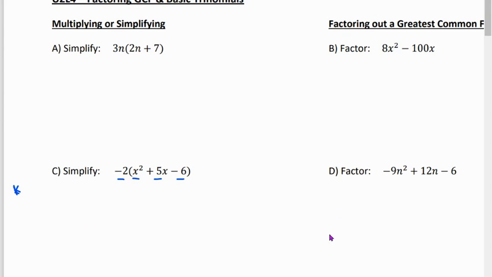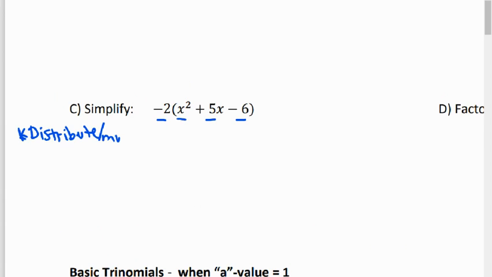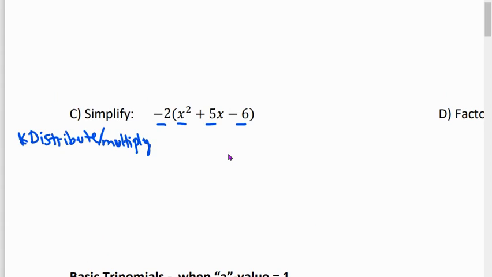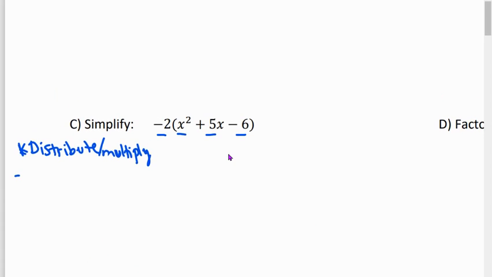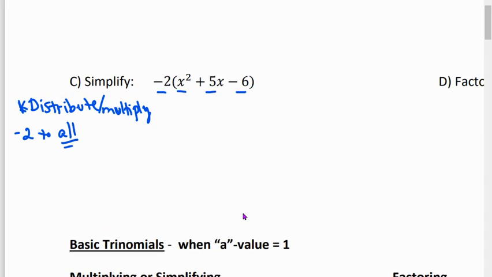So when we are multiplying this together, you must distribute, which is the same as multiply, the negative 2 to all terms. So that's very important.